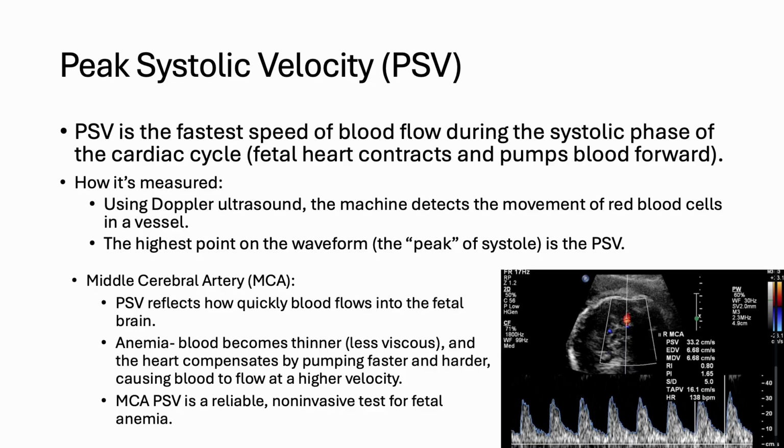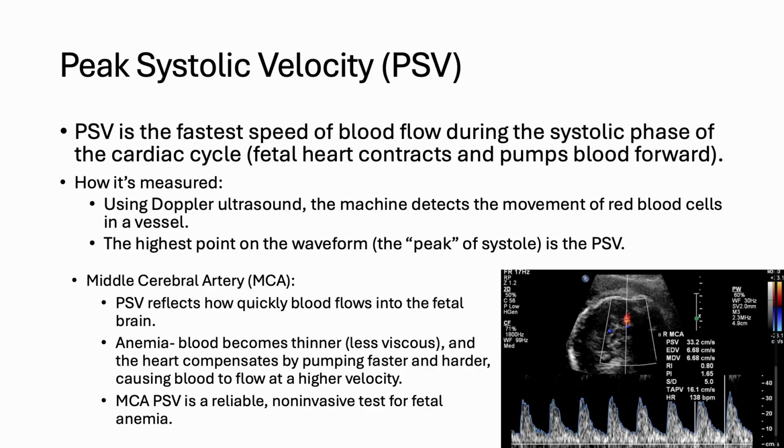In the middle cerebral artery, the peak systolic velocity reflects how quickly the blood flows into the fetal brain. With anemia, the blood becomes thinner and less viscous, and the heart compensates by pumping faster and harder, causing the blood to flow at a higher velocity. So the MCA peak systolic velocity, or PSV, is a reliable, non-invasive test for fetal anemia.